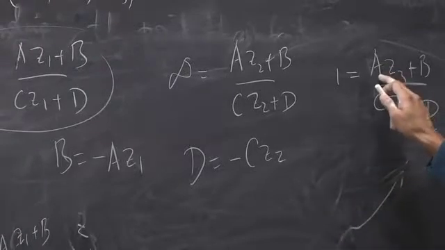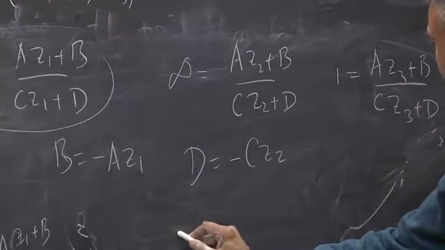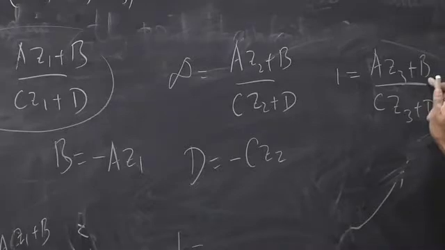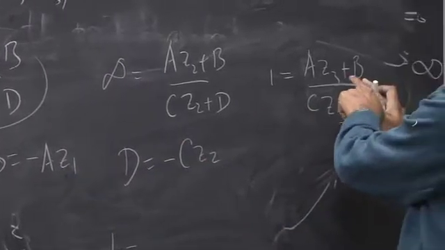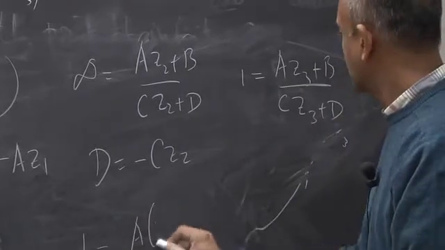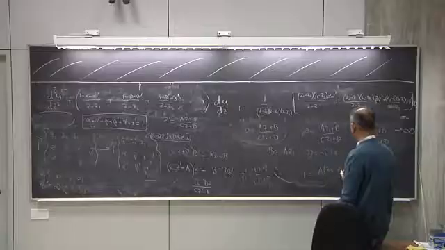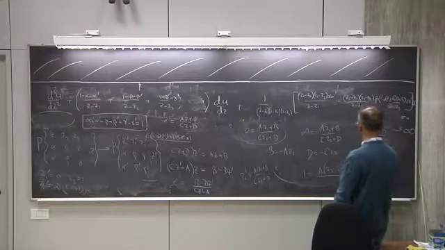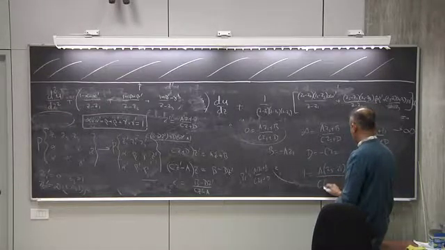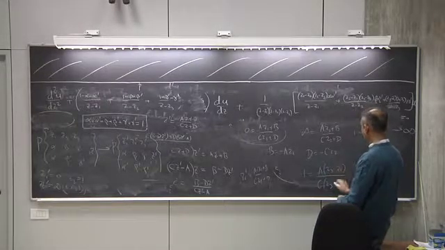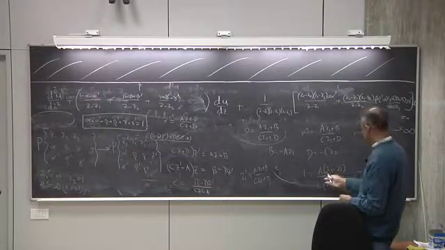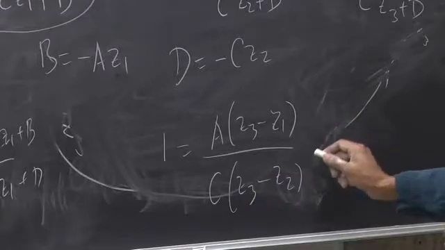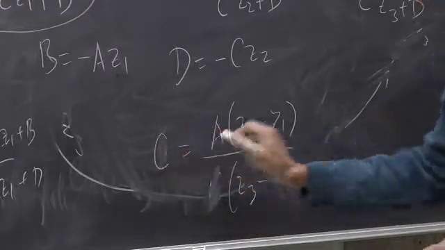And now let's plug that in this last equation. So you find 1 equal to, with B equal to minus A z1, A times z3 minus z1, and the denominator is C times z3 minus z2 when you substitute this. So this implies that C is equal to that.